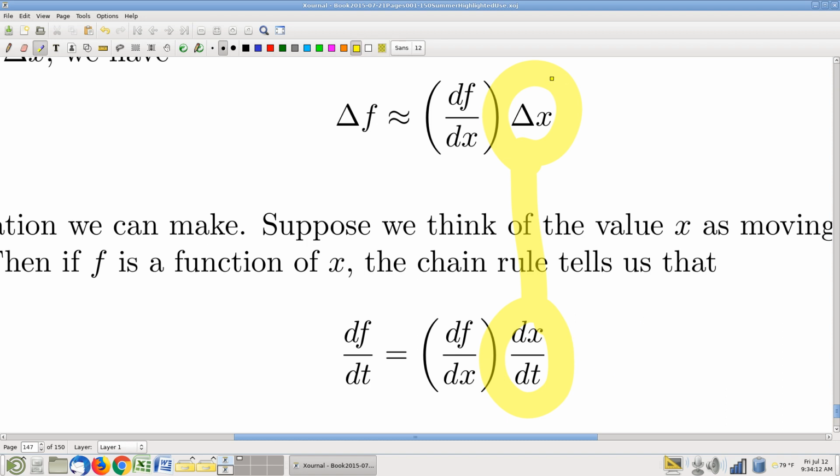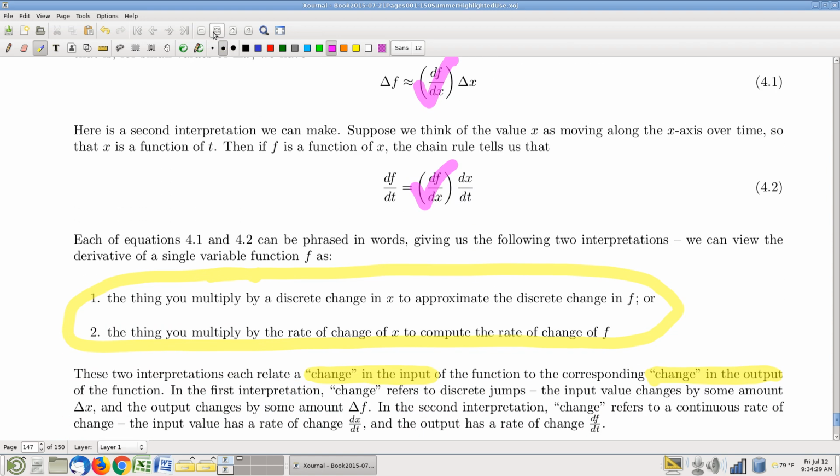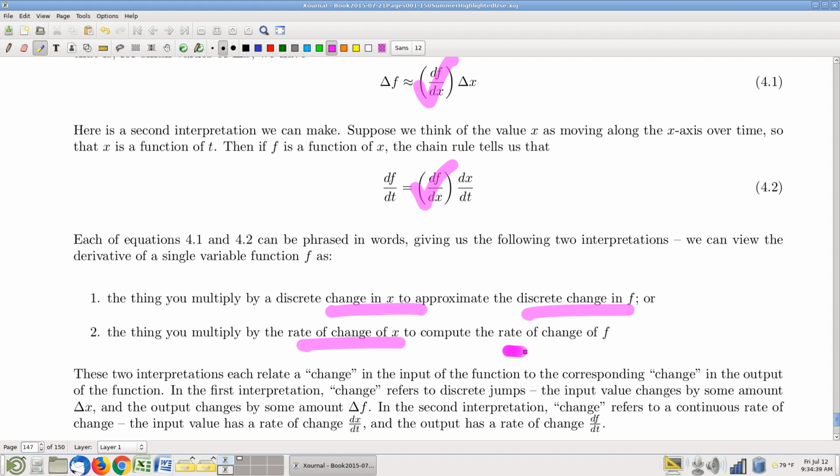So whether they're discrete displacement changes or velocity changes, we've got input changes relating to output changes, and that's what the derivative is. So I've got this written down here: change in the input relates to change in the output.